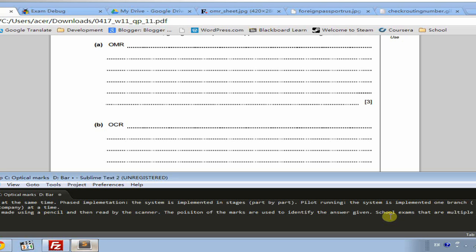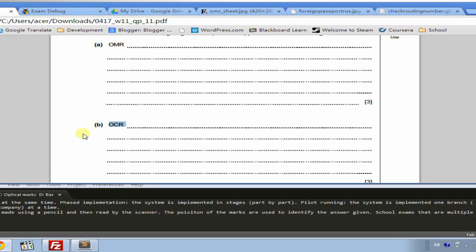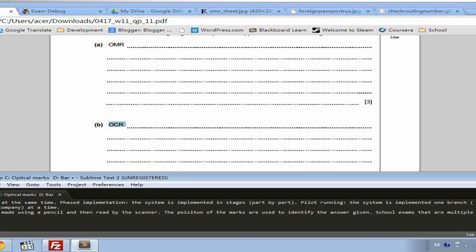The second one is OCR, which is up here. I lost it. It's OCR, which stands for Optical Character Recognition. So this one is optical character recognition.